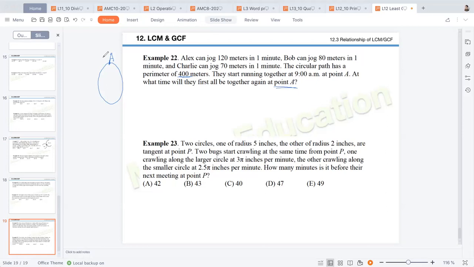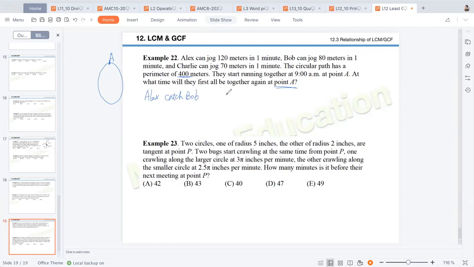Okay, nobody gave me the right answer. Does anyone find a way? So we can think about this. If Alex catches Bob, A catches B in how many minutes?